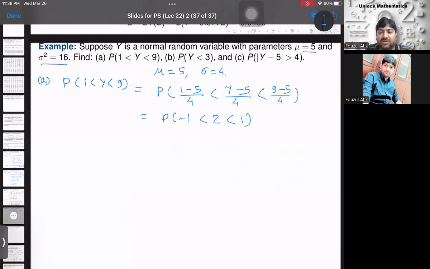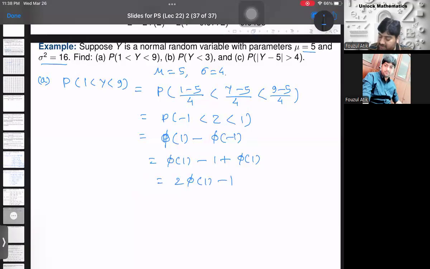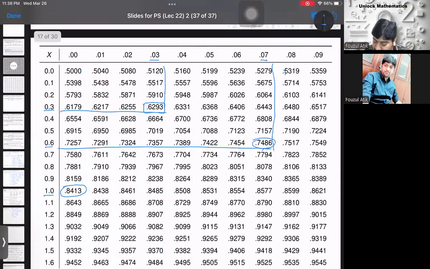Therefore this value is phi of 1, because it's a standard normal, so you can write the cumulative distribution function in terms of that, minus phi of minus 1. Phi of minus 1, again the same formula, is 1 minus phi of 1. So 2 phi of 1 minus 1. And how to calculate phi of 1? We have already done. Phi of 1 is 0.8413.